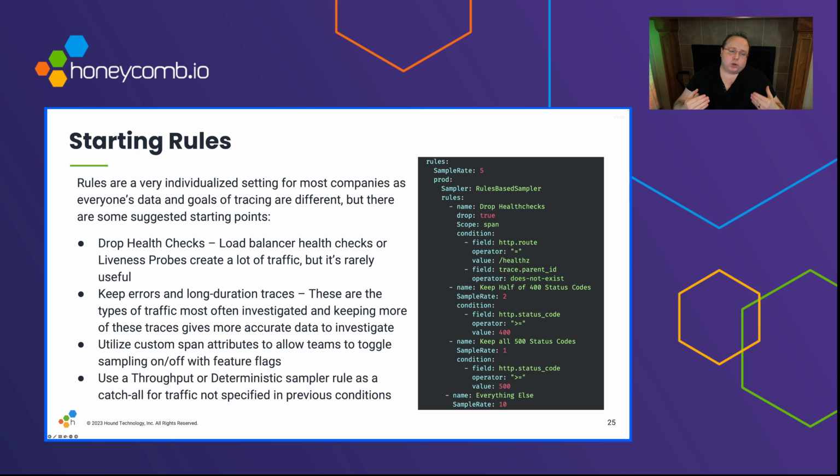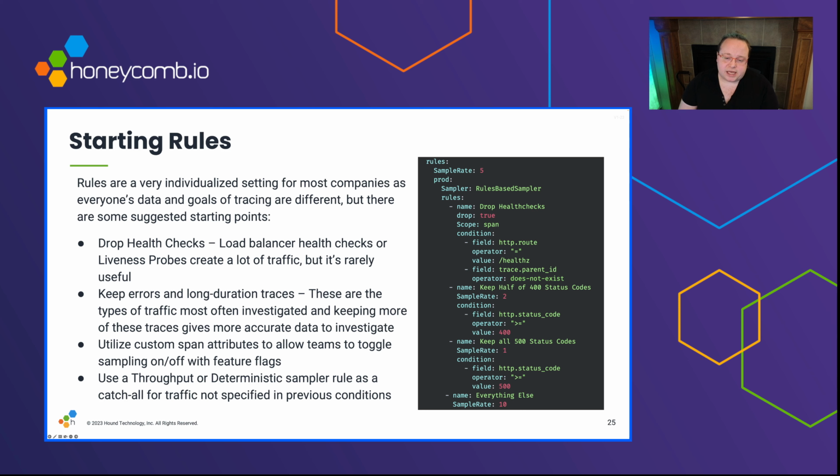Finally, for the last rule in a set, like the last rule in an environment, we really recommend using a throughput or a deterministic sampler to handle the catch-all traffic. Basically, anything that didn't meet specific conditions in your other rules, do something a little bit more aggressive for the rest of the traffic that gets through, because this will eliminate some spikes or things that you don't expect.